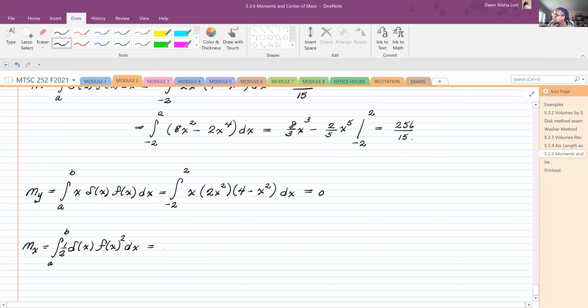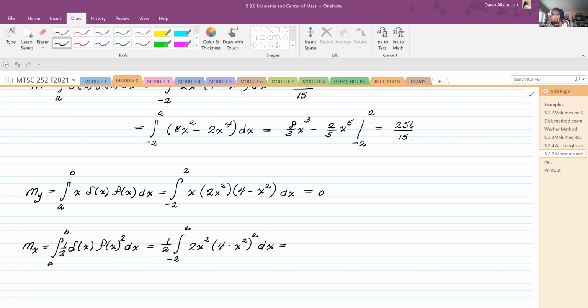So that's 1/2 the integral from -2 to 2, delta of x is 2x squared times 4 minus x squared dx. And that comes out to be 2048 over 105.